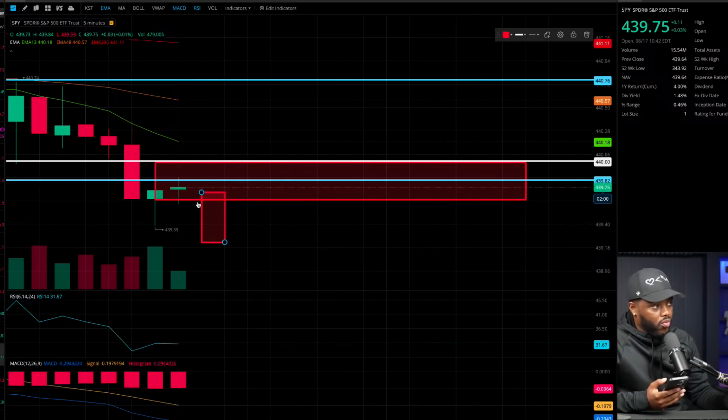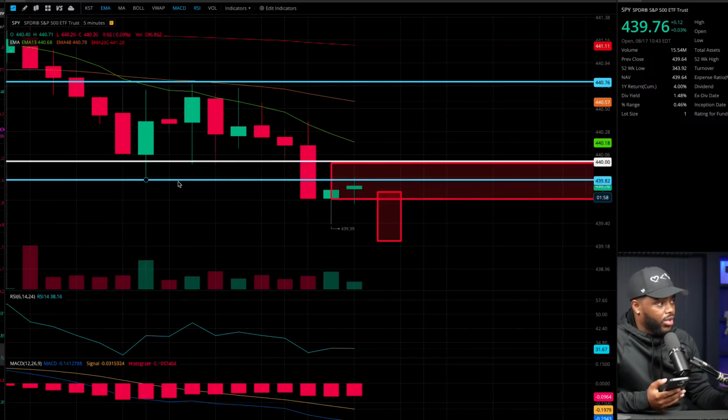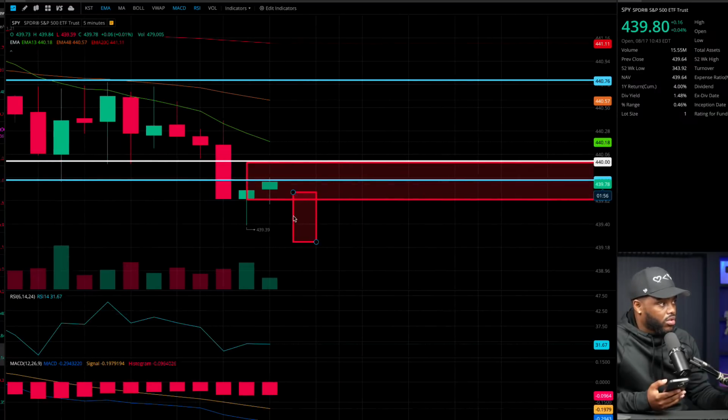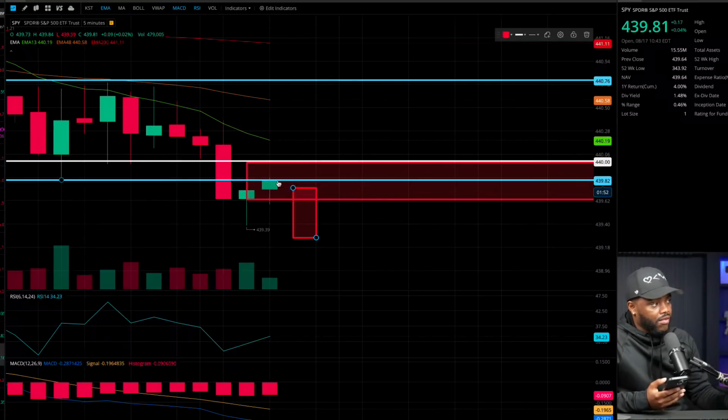We had one over here, but then we burst through it. We're retesting the lower level and the psychological level. We are where the sellers are, but the buyers are rolling in a little bit.